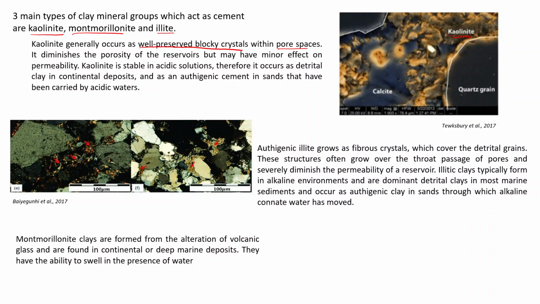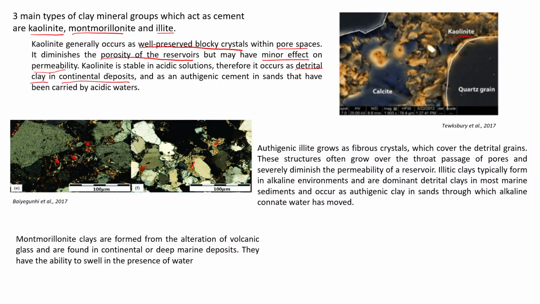It diminishes the porosity of the reservoirs but may have a minor effect on the permeability. So it doesn't impact the permeability much, but yes, it reduces the porosity of the reservoirs. And since it is stable in acidic solutions, it occurs as detrital clay in continental deposits.